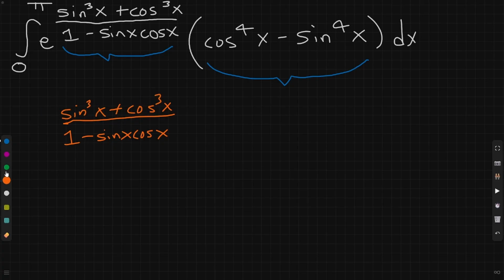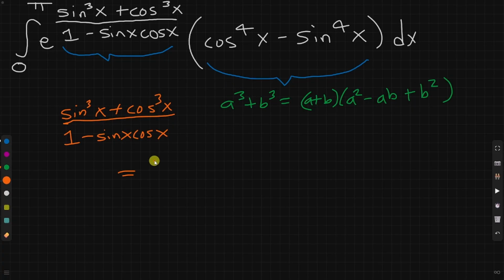We know we can factor that because a cubed plus b cubed is equal to a plus b times a squared minus ab plus b squared. So we can rewrite the numerator as sine x whole cubed plus cosine x whole cubed. So sine is a and cosine is b.